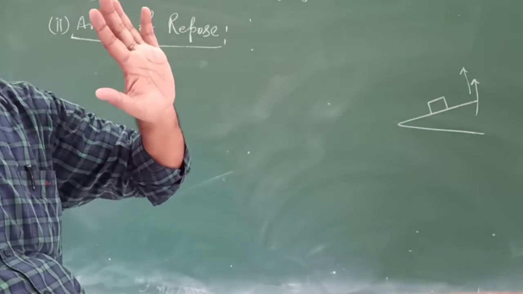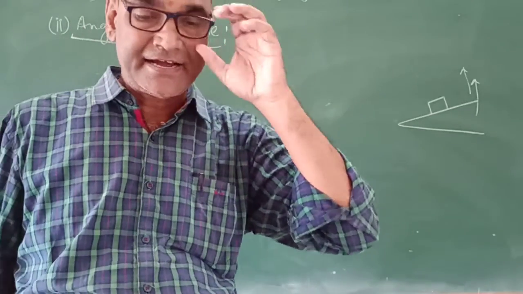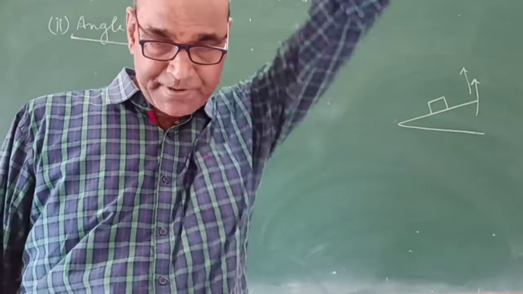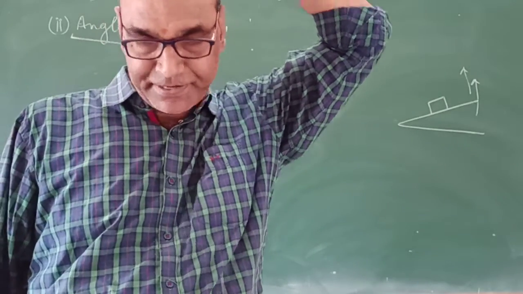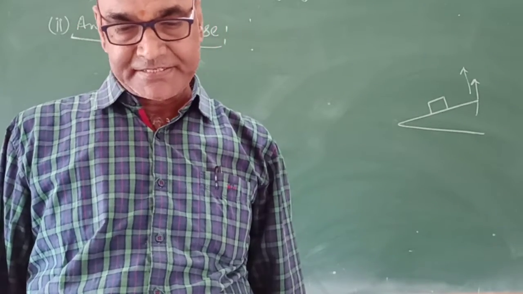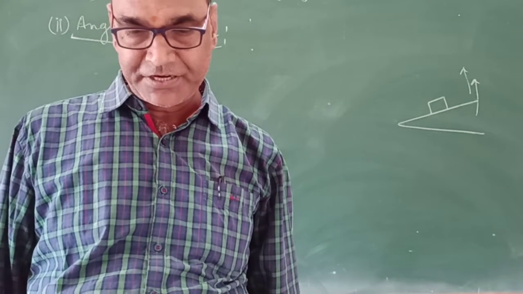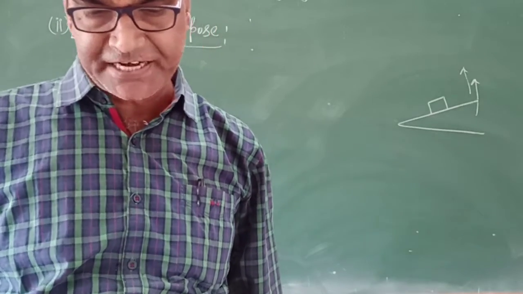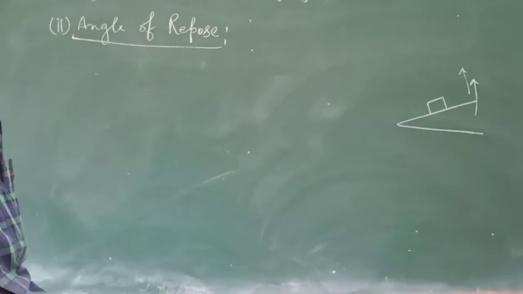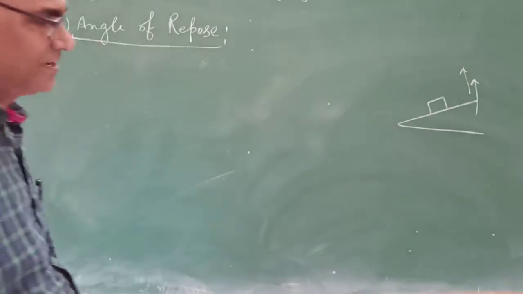Then that angle, the minimum angle that an inclined plane makes with the horizontal when a body placed on it just begins to slide down, is called the angle of repose.